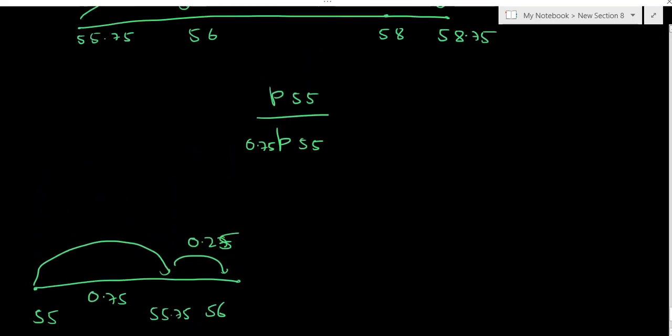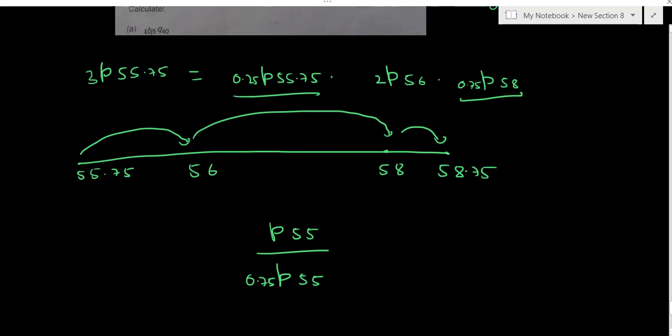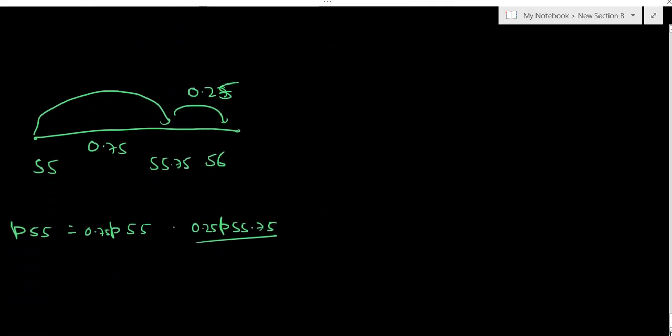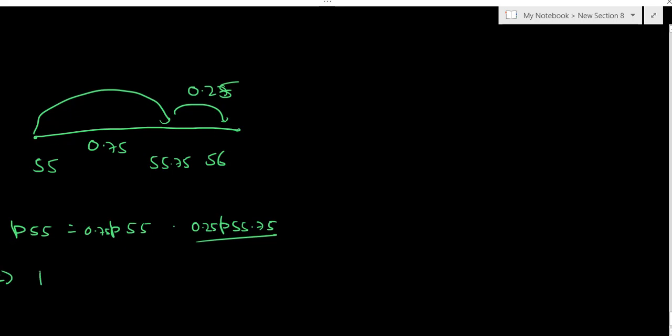In order to convert this, I can write it as the quotient of these two. So this implies that 0.25 p55.75 is equal to p55 divided by 0.75 p55, right? So that's how you convert this.